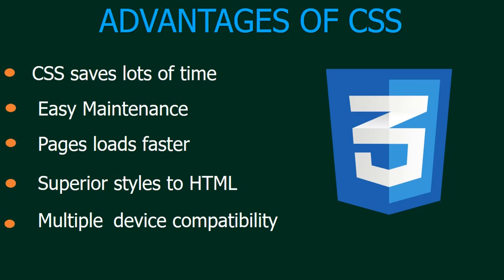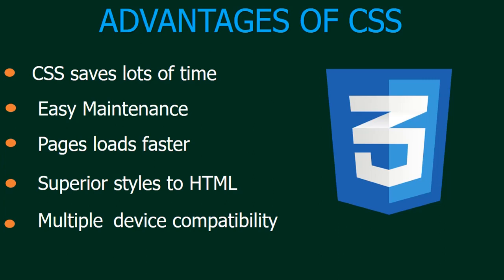CSS also has much more powerful styles as compared to HTML. It has wider presentation capabilities than HTML and provides much better control over the layout of your web pages. So you can give a far better look to your web pages in comparison to HTML presentational elements and attributes.